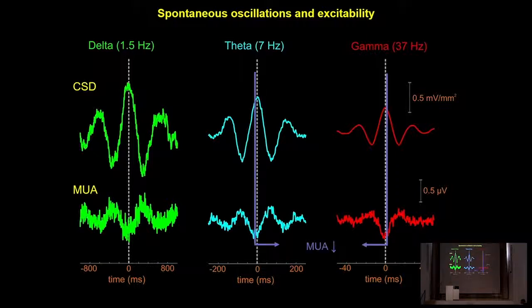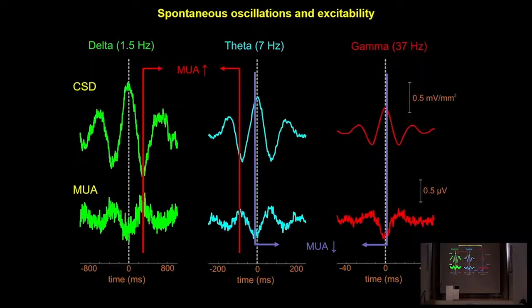And as you can see, for all of these oscillations, multi-unit activity is minimal around the positive peak of the oscillatory activity, which we call the low excitability phase. And multi-unit activity is maximal just prior to around the negative peak of each of these oscillations, which is the high excitability phase for supragranular oscillations. Of course, it depends on where you measure these.